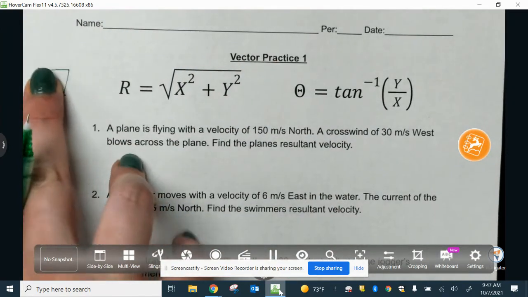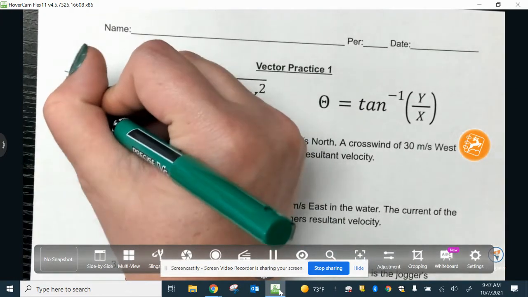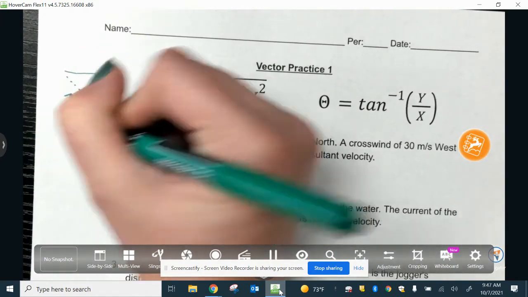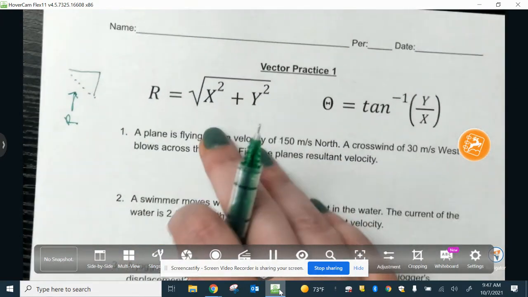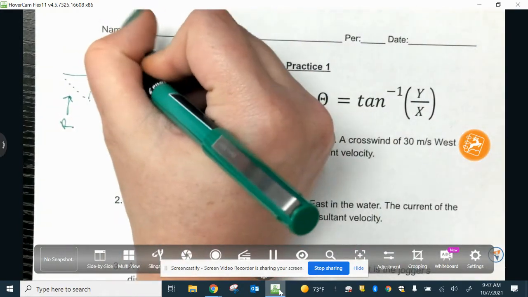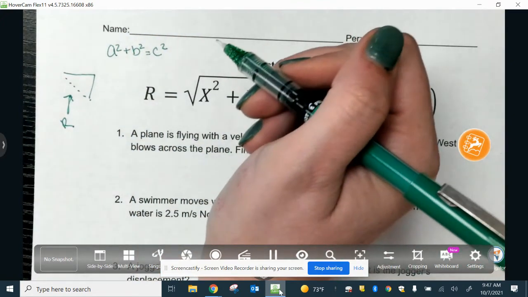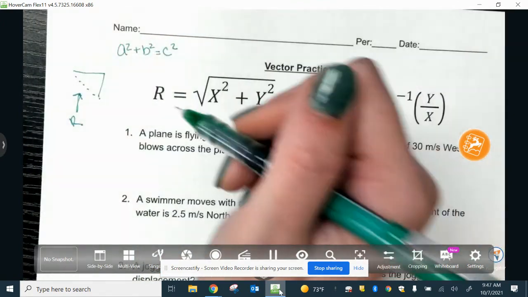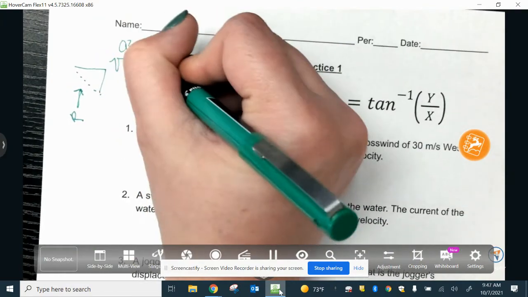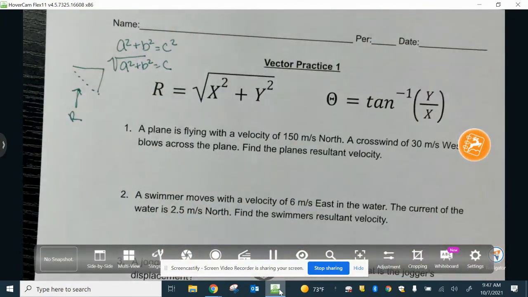Remember how we call this a hypotenuse? In physics, we also call it the resultant, which is R. This is the Pythagorean theorem. If you did a squared plus b squared equals c squared, and you solved for c, it would be the square root of a squared plus b squared equals c.